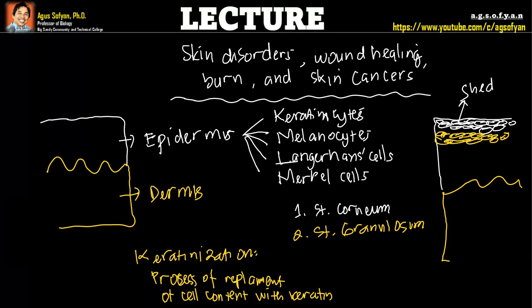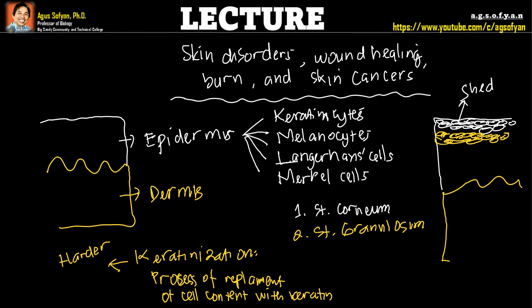Basically, the dead keratinocyte will not have a nucleus. The nucleus will be replaced by keratin, so the cells become harder. Remember, this keratinocyte is used for protection against damage and also water loss. So that's the stratum granulosum.